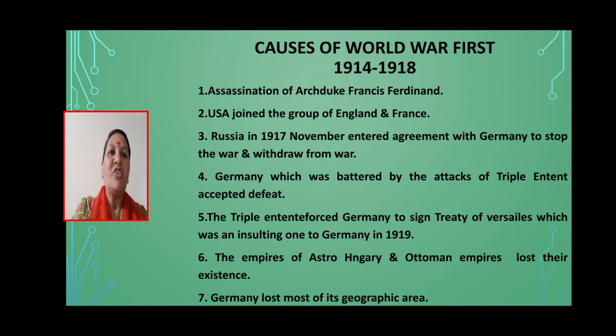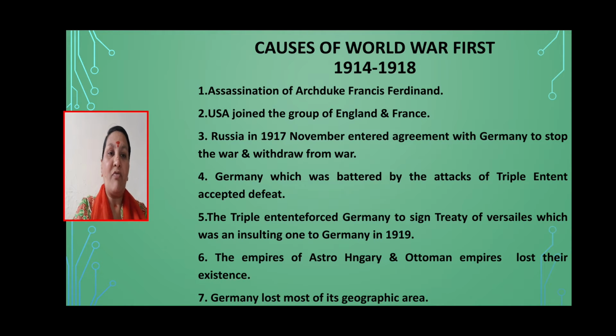Third, Russia in November 1917 entered an agreement with Germany to stop the war and withdraw from the war. Fourth, Germany, which was battered by the attacks of the Triple Entente, accepted defeat. Fifth, the Triple Entente forced Germany to sign the Treaty of Versailles in 1919, which was an insulting one to Germany.